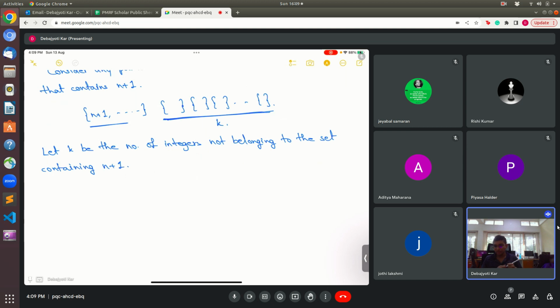So we let k be the number of integers that do not belong to the set which contains n plus 1. That is, the total number of integers present in all of these other sets is equal to k.